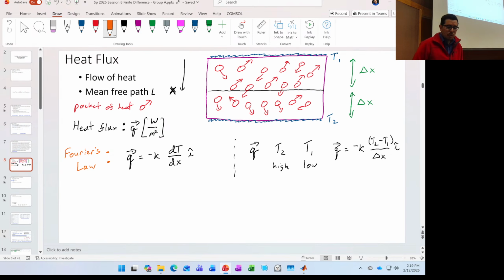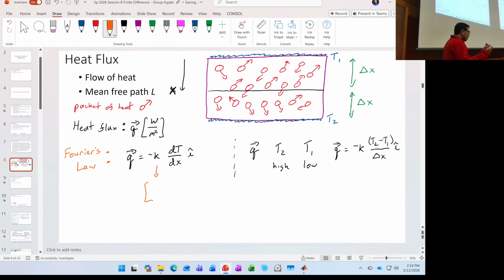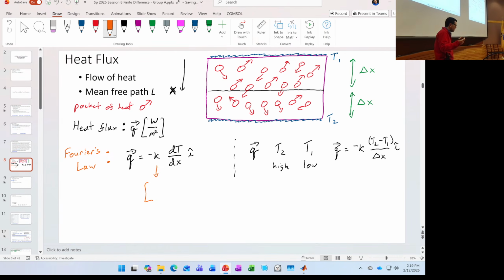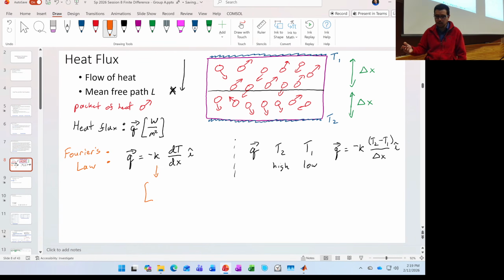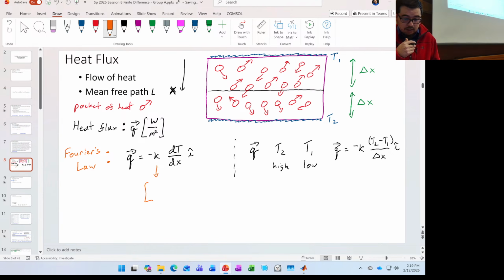And so we've got this way of describing heat flux, right? And the K, you can do the dimensional analysis on the dimensions. You've got temperature, which is in kelvins or Celsius or Fahrenheit, but for our class we'll mostly deal with Kelvin and Celsius.